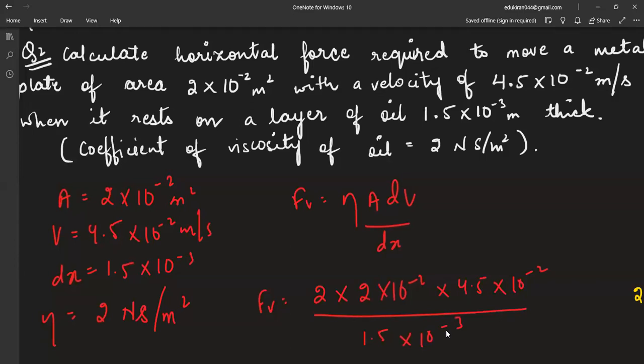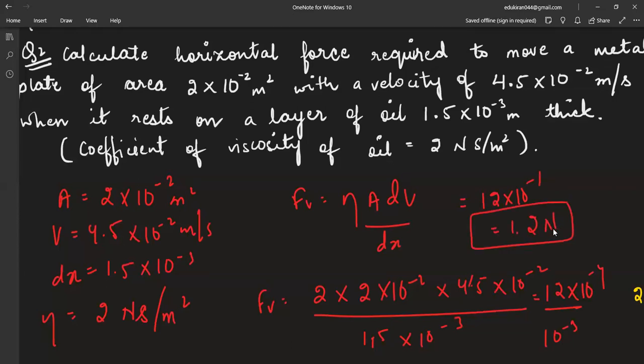You can solve this further. 4 gets cancelled, 10 to the power minus 3 as it is, this will become 12, and the power becomes minus 1. So the answer will be 12 into 10 to the power minus 1, which is 1.2 Newton. This should be the answer. Please cross check also.